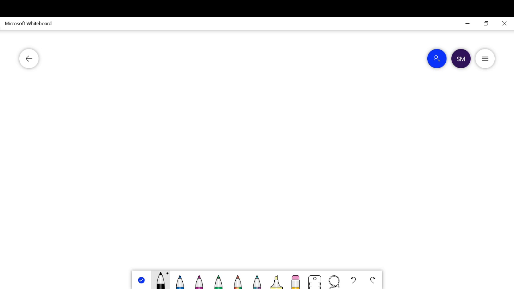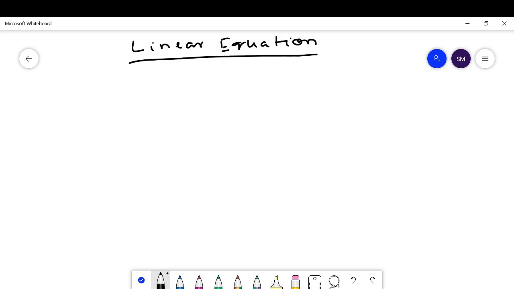Linear equation of two variables. In which conditions do we get a unique solution?